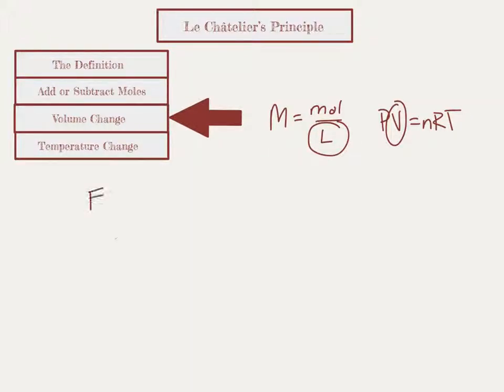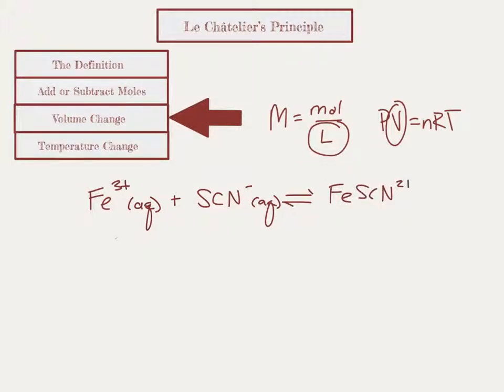Let's say you have the reaction, which is rather common in certain first-year chemistry labs, where we have some aqueous iron 3, some SCN minus, that yields a complex ion FeSCN2+. In this scenario, if I increase the volume by doing something like diluting my sample, I make more room for more people to fit on the elevator, so my reaction will shift left toward my reactants.